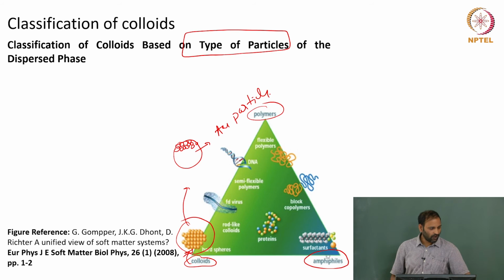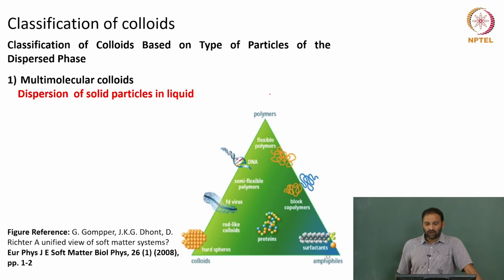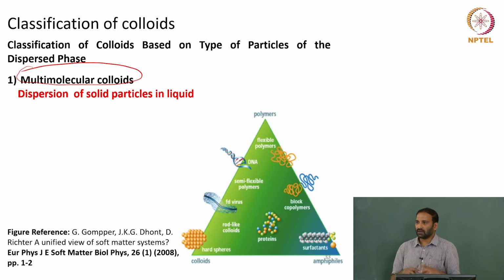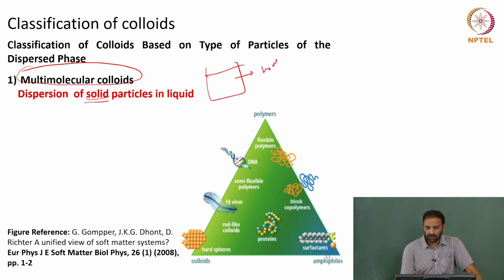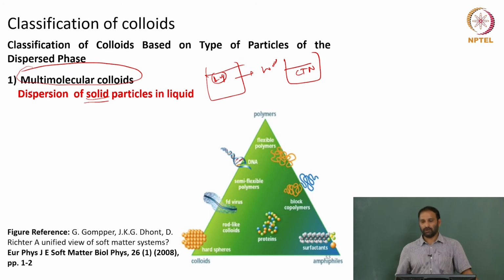So if you have such solid particles dispersed in a fluid, it is what is called a multi-molecular colloid, because each particle is made up of a large number of atoms or molecules, essentially dispersions of solid particles in a liquid. Examples could be water with gold particles, or the CNT that I talked about, or any kind of solid particles in a fluid. That's an example of a multi-molecular colloid.